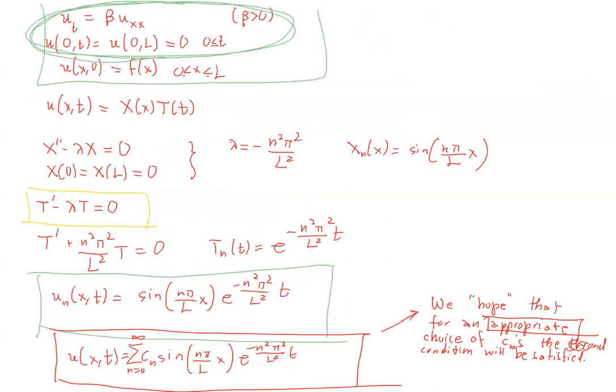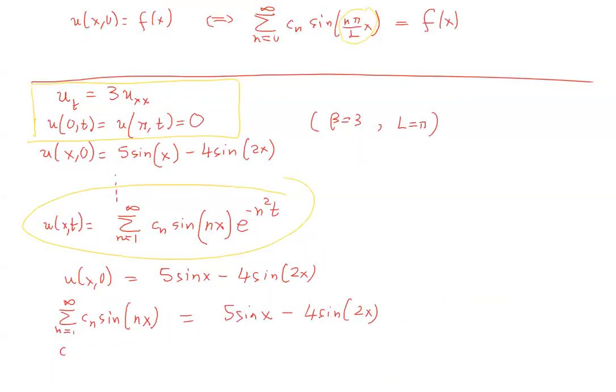Yeah, I have done it here. So n equals 1 in all of these equations. My apologies for this. And so I will have C1 sine of x plus C2 sine of 2x plus C3 sine of 3x plus, and so on, being equal to 5 sine of x minus 4 sine of 2x.